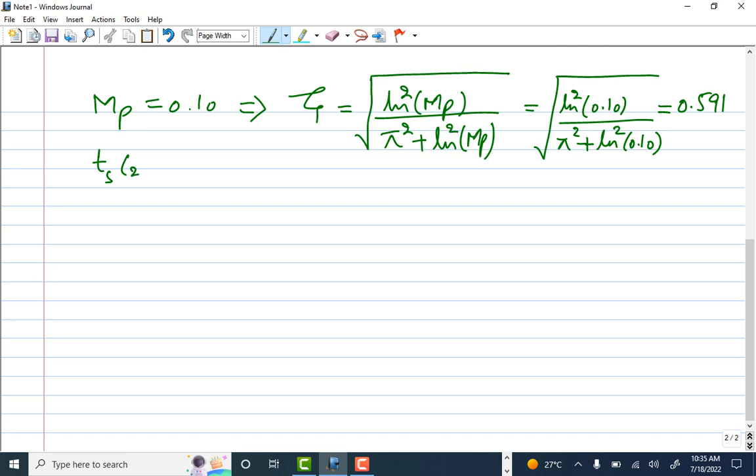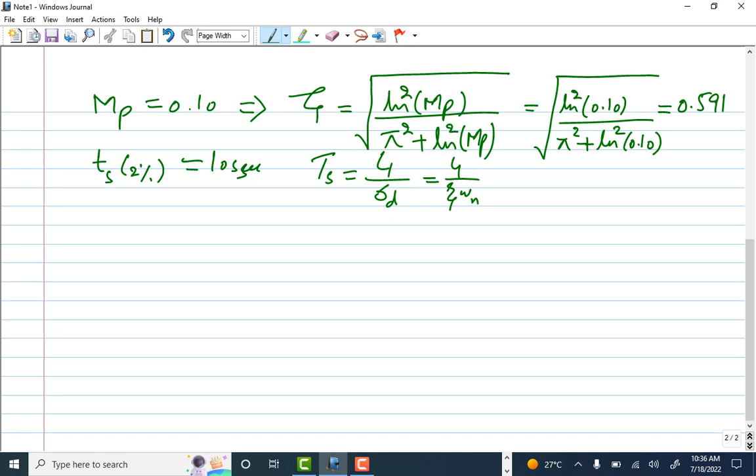The next specification is the settling time. If you remember, it is for 2%, so the settling time is 2 seconds. Why do we want zeta and settling time? Using settling time, we want sigma and omega d. Actually we want to know the dominant poles, where our closed loop poles are. We have a formula that says settling time is equal to 4 divided by sigma d, or 4 divided by zeta omega n.